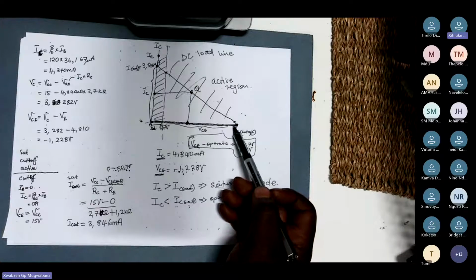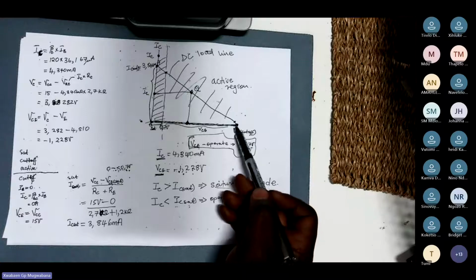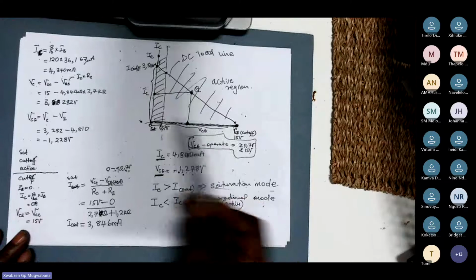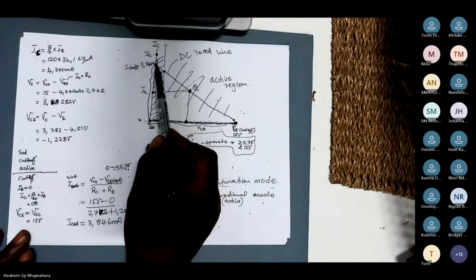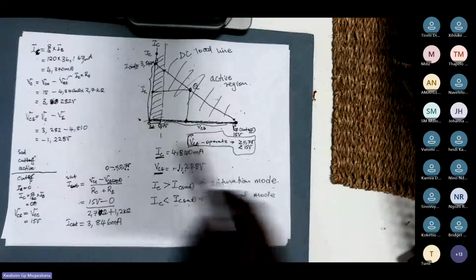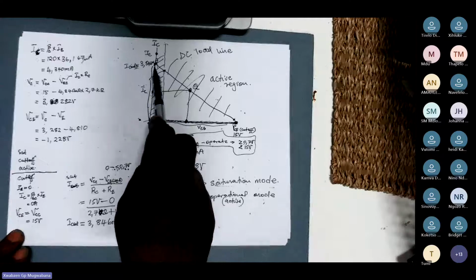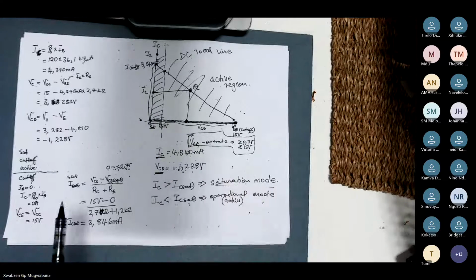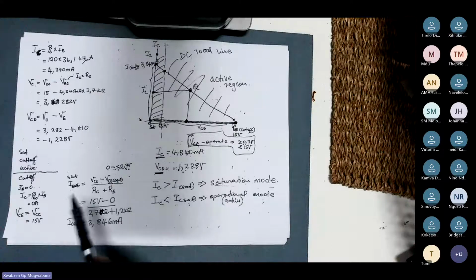You are starting to have a drop in VCE. When you drop VCE, you increase your IC. I remember the last time when I was speaking to you in class, I said when you increase IC, you drop VCE. You still remember? Yes, that is what is happening.